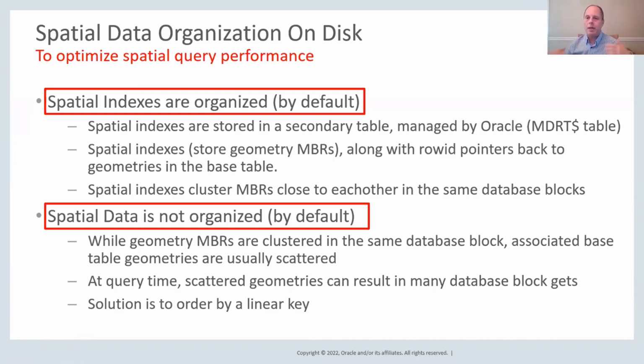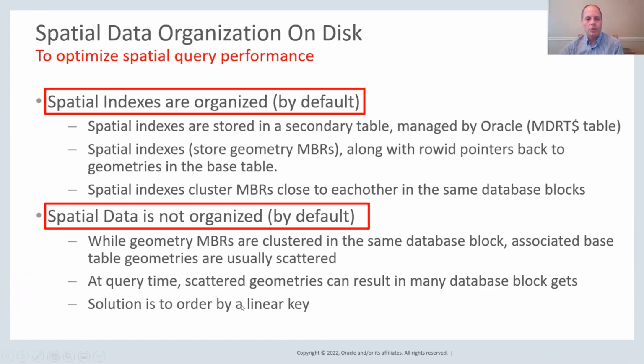That results in lots of database block gets, right? If there were a way for spatial data close to each other to be on the disk in the same block, then when you did spatial queries there'd be much fewer database gets and much faster performance. So that's why it's important.